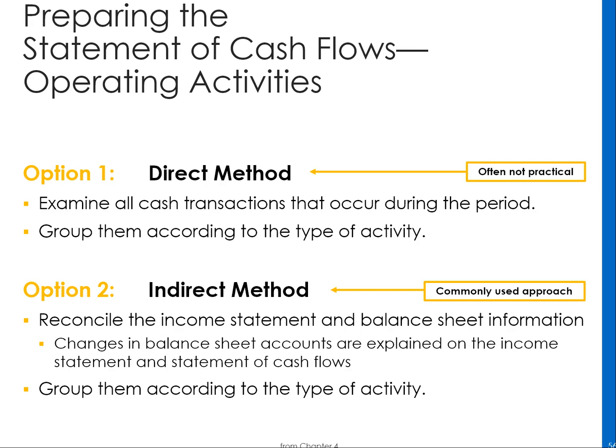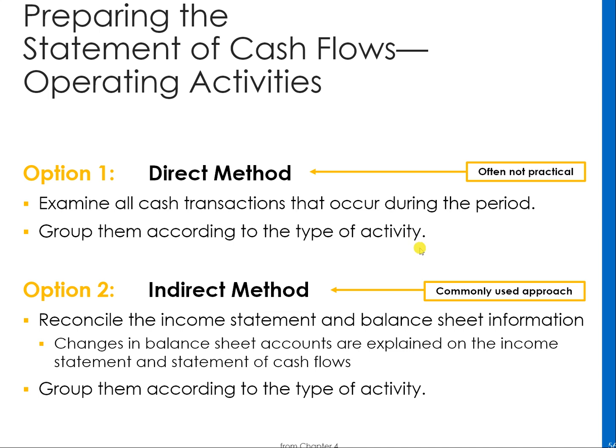So how do we prepare the statement of cash flows? Unlike the previous three financial statements, the cash flow statement can be prepared in different ways. So we have two options. We have the direct method, in which we examine all cash transactions occurring during the period. Then we group them according to the type of activities and inflows and outflows.